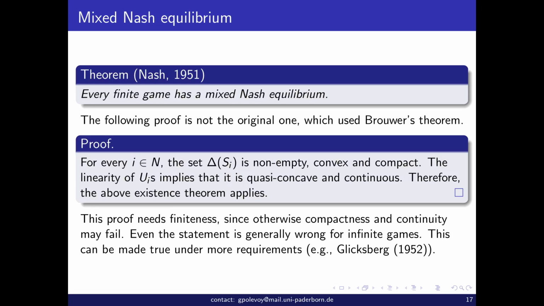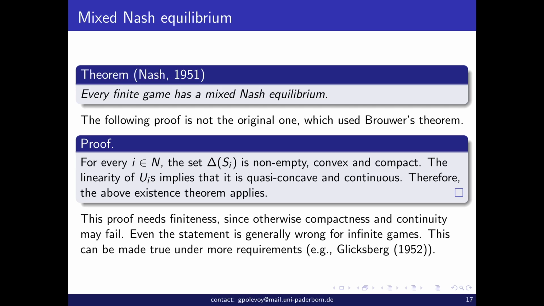And let us now prove the famous Nash theorem that every finite game has a mixed Nash equilibrium. We prove the theorem not as Nash proved it, because he used another fixed point theorem called Brouwer's theorem. We prove it using what we basically proved based on Kakutani's theorem.